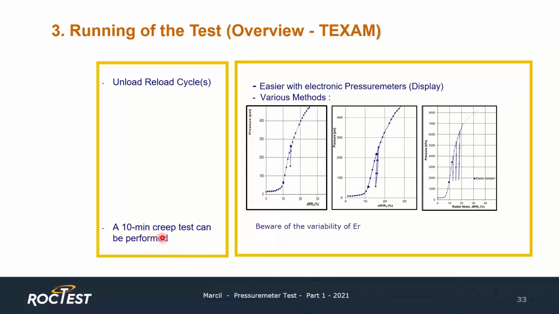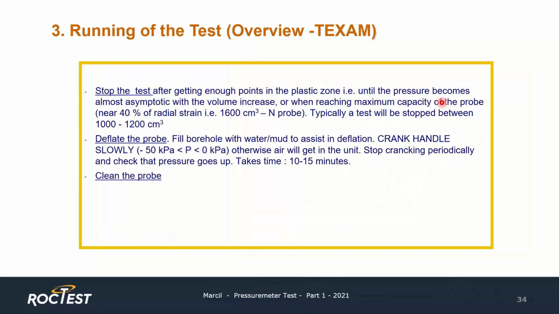Also, a special 10-minute creep test can be performed. It will normally be done at the end, past the pseudo-elastic zone, and it will consist in maintaining the pressure for 10 minutes and measuring the volume change every minute. Then this test must be stopped when you have enough points for estimating the limit pressure.